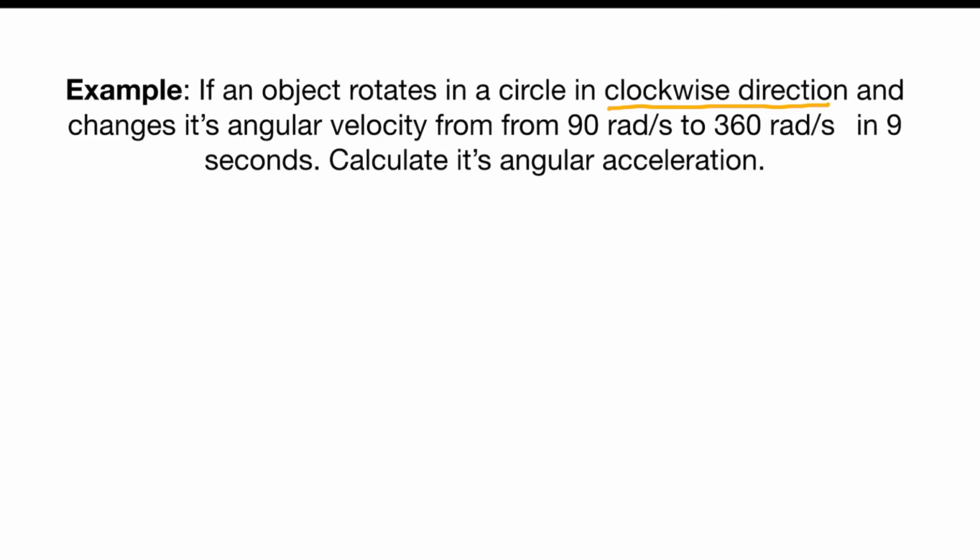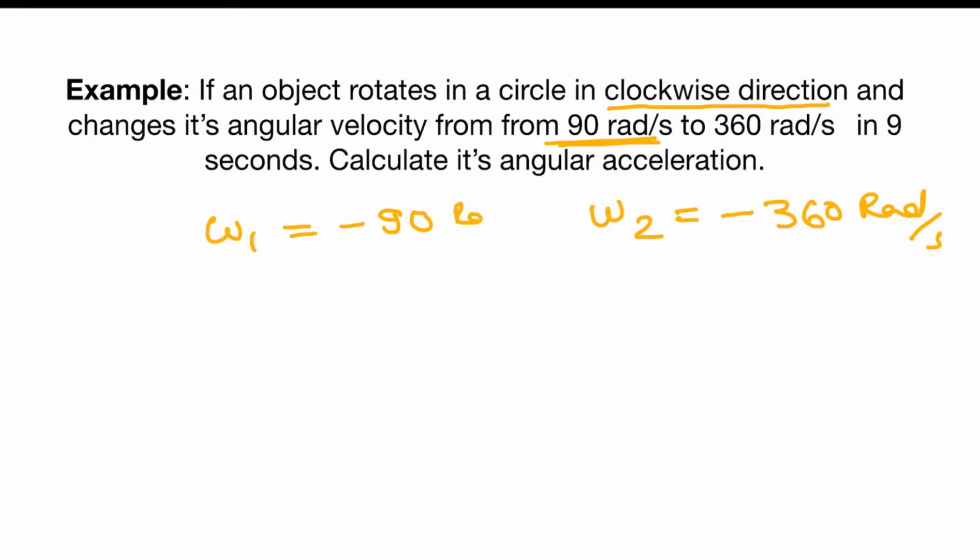So initial angular velocity omega 1 is minus 90 radians per second because this is in negative direction. And the final angular velocity is minus 360 radians per second. Right? So this is important, you have to take care of the direction. And this change in angular velocity took place in 9 seconds.